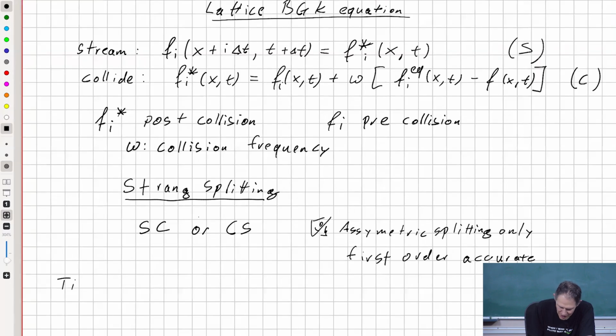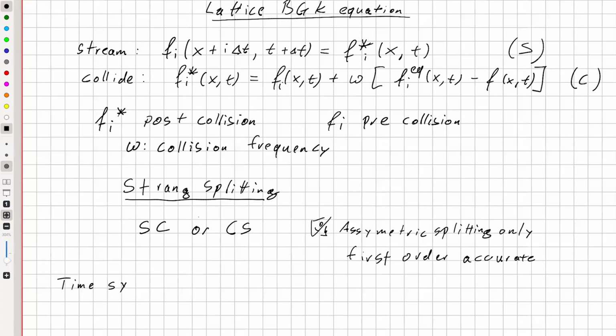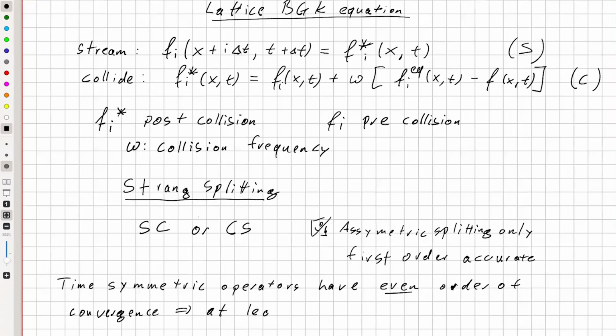And the condition for this is to have time symmetry. So time symmetric operators have even order convergence, which means they are at least second order accurate.